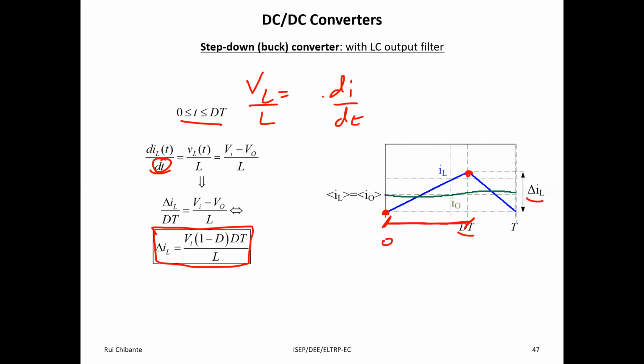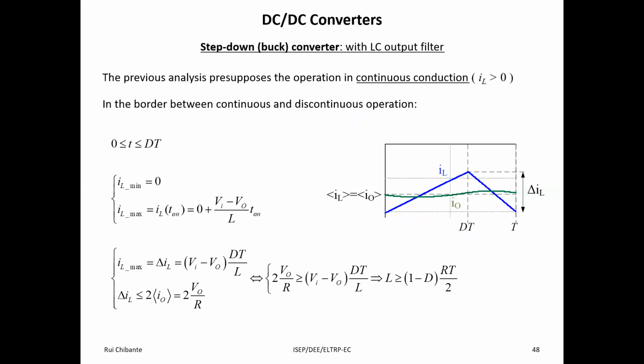This expression relates the current variation with the inductor, so it is a way to design, to select a value for the inductor. One of the ways is to use this relationship, but I am going to first use a different approach.